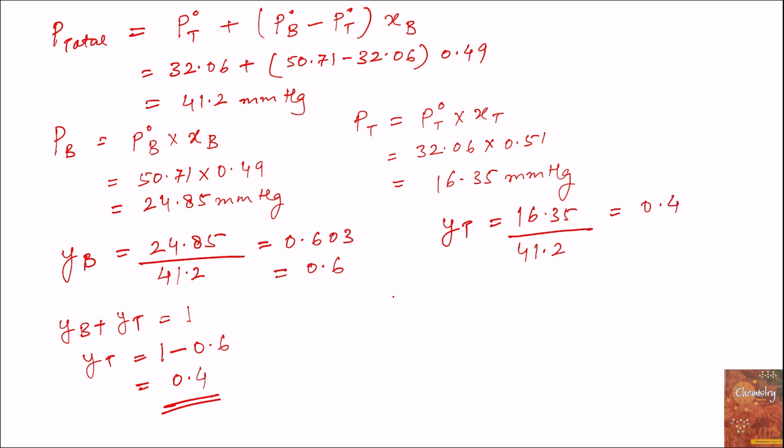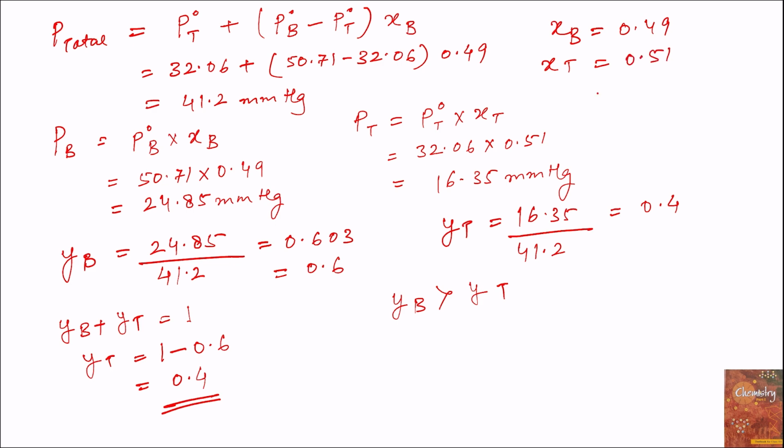Point to be noted, mole fraction of benzene in the vapor phase is greater than mole fraction of toluene in the vapor phase. Reason being, benzene is the more volatile component. And in the solution phase, if you compare the mole fraction of benzene and toluene, mole fraction of benzene in the solution phase is 0.49 and mole fraction of toluene in the solution phase is 0.51.